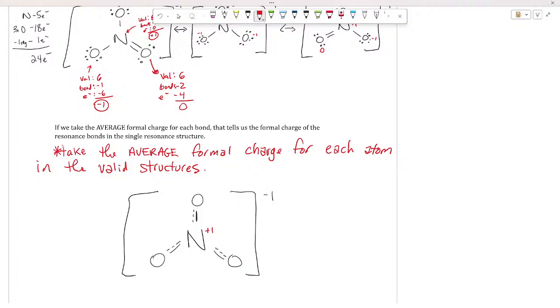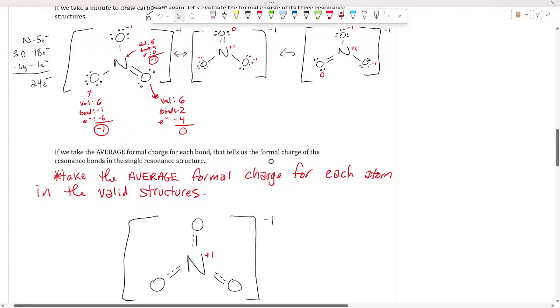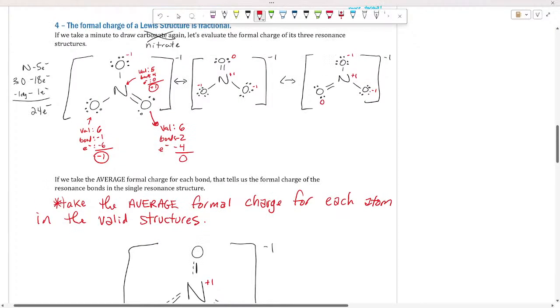Now, what about this here? This up here is -1, 0, and -1. When we add those together, we get -2, and we divide it by 3, so that's -1 plus 0 plus -1, divided by 3, which is -2/3.